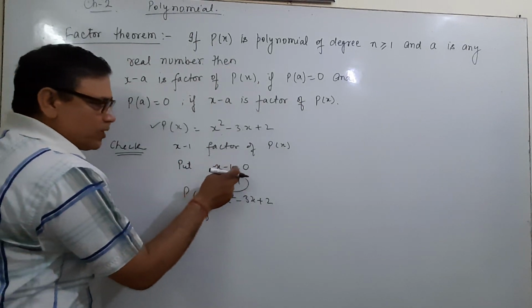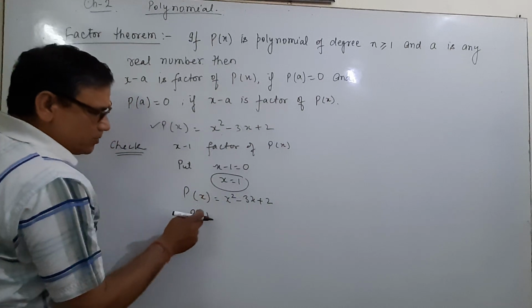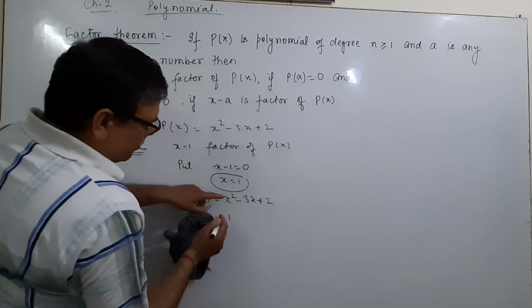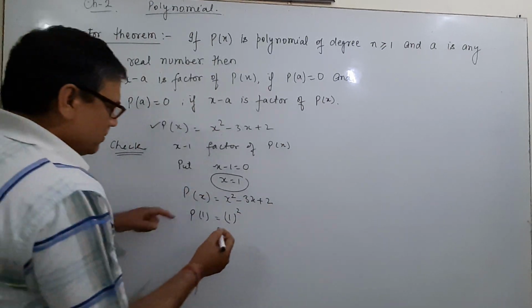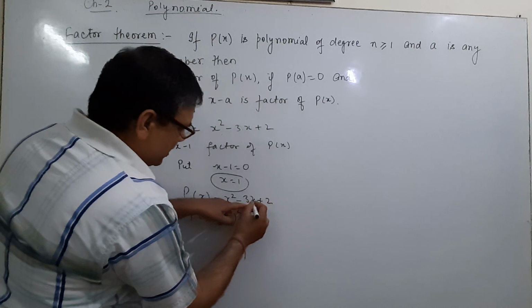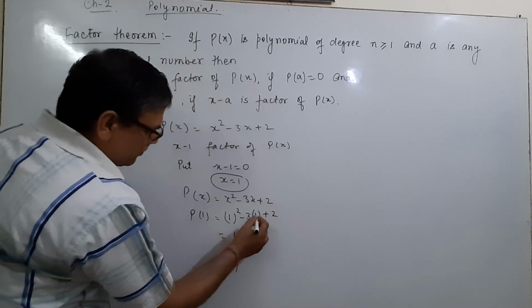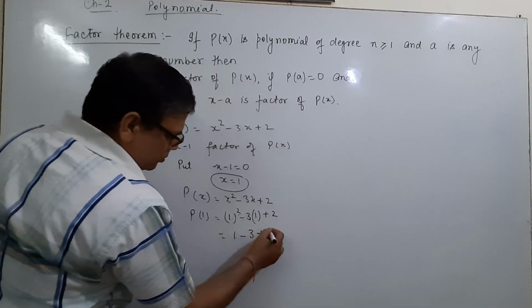Put x equal to 1 in p(x). So p(1) equals 1 square minus 3 times 1 plus 2. 1 square is equal to 1, minus 3, plus 2.